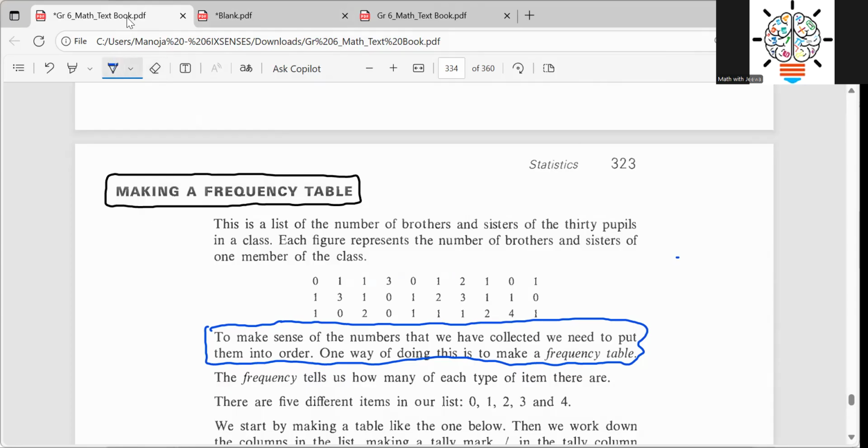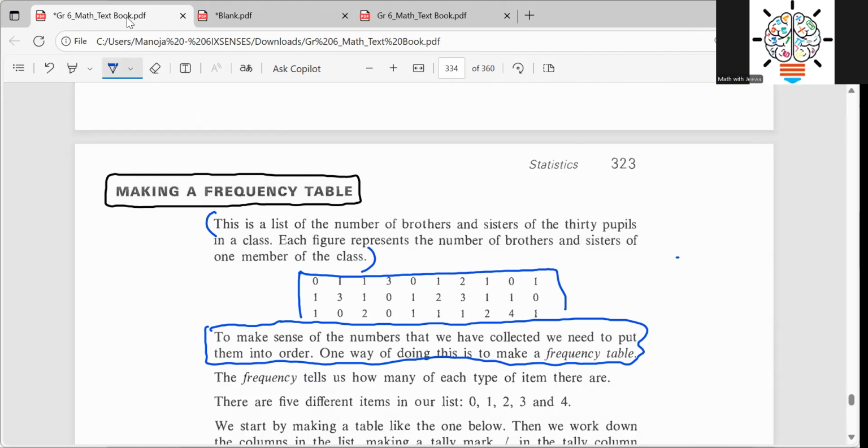So then here, under the subtopic, you can write down this. And then you want to write down this too. To make sense of the numbers that we have collected, we need to put them in order, right? So whatever list I'm showing you, 0, 1, 1, 3, 0, 1, 2, 1, 0, 1, that is the raw data I collected from the students.